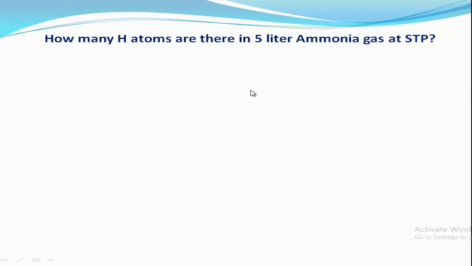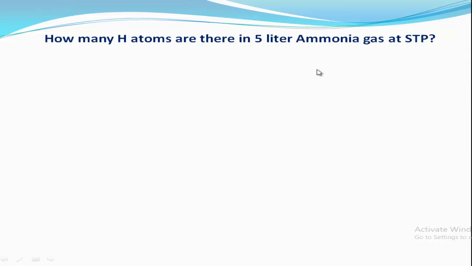This problem you cannot solve using a formula, because in your formula there is no factor to determine atoms. There is a factor, capital N, used to determine the number of molecules, not the number of atoms. So here you have to solve this problem theoretically.